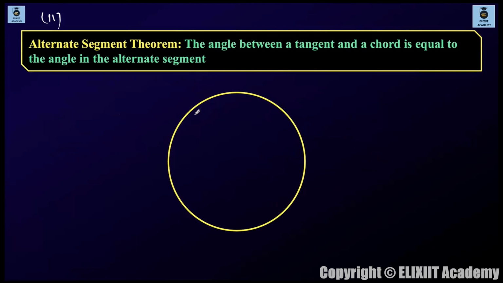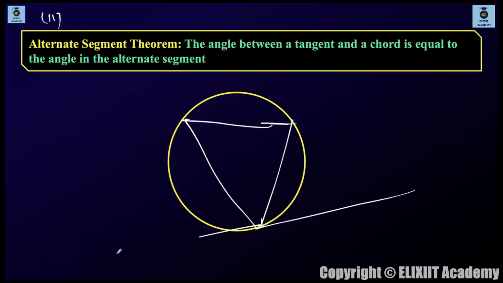What is the meaning of this thing? Okay, a simple diagram I'm drawing. I'll draw two types of diagrams to make you understand this. Angles in the alternate segment are equal. What I have done is I have taken a chord and a tangent, because this theorem says the angle between a tangent and a chord.